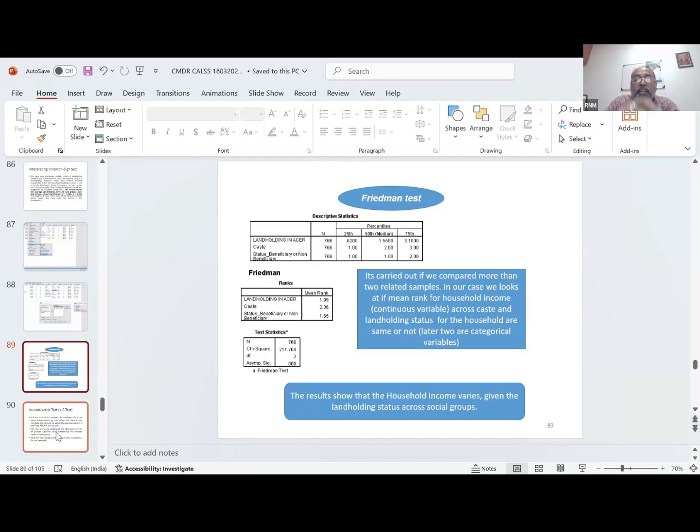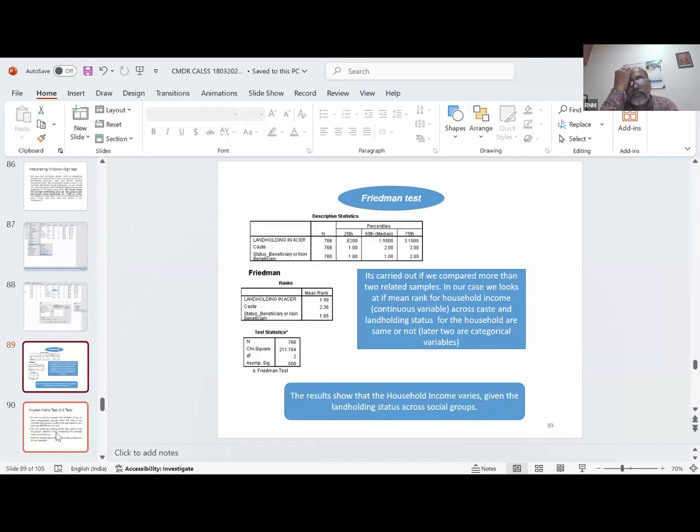Now, if you remember from the beginning, not only the median but other positional values like quartiles and quintiles are also used in non-parametric tests. In the previous case, we saw that both median and mean were used. The median value over and above the group median has been summed and the mean is taken.